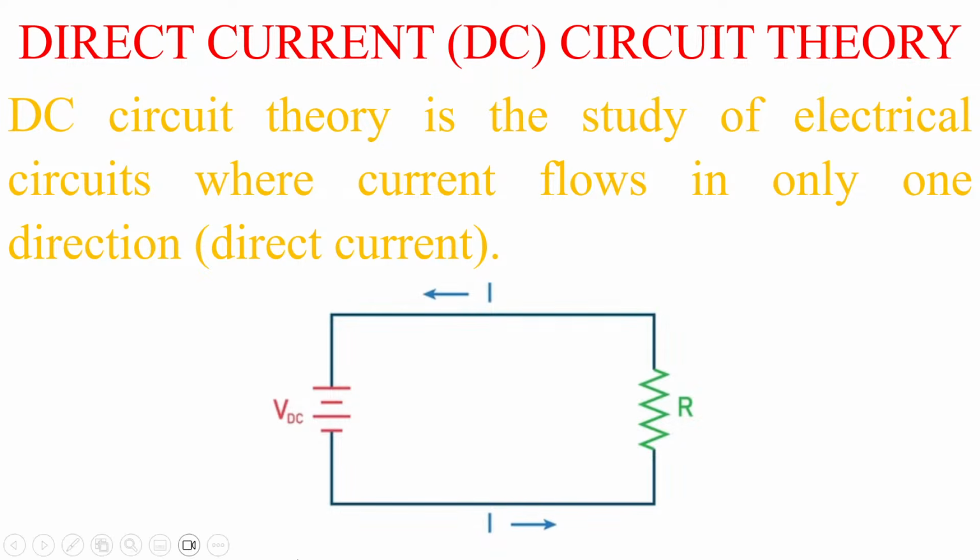In reality, electrons actually flow from negative to positive, but conventional current flows from positive to negative. So for simplicity, we are going to use the conventional flow of current. I'm going to assume that current flows from positive to negative.